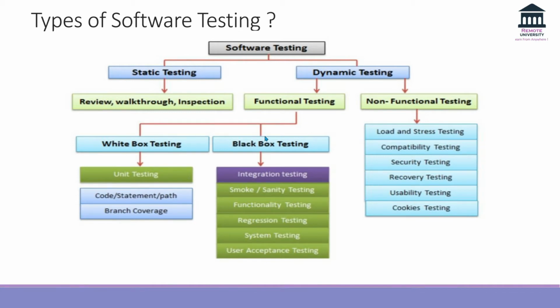So if you see here, the functional testing is categorized into two high-level categories. One is known as white box testing. The second one is known as black box testing. The black box testing is the manual way of testing.